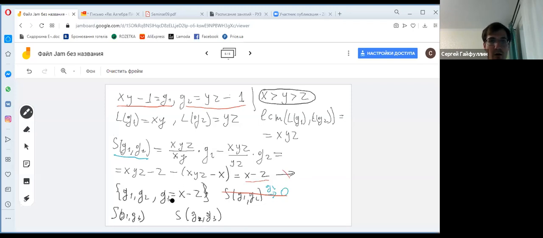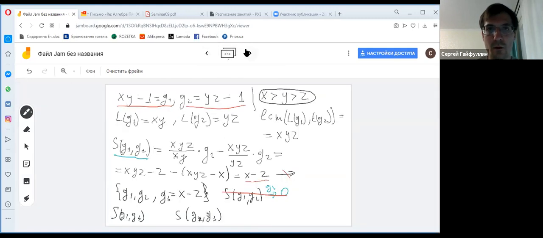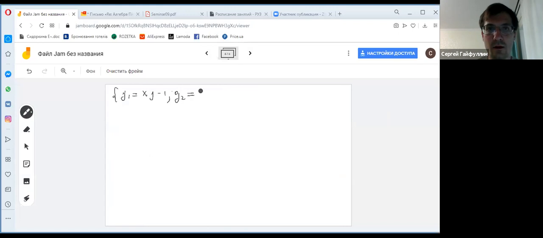Okay, let me proceed, but on the next frame, I have here G1 is equal to xy minus 1. G2 is equal to yz minus 1.